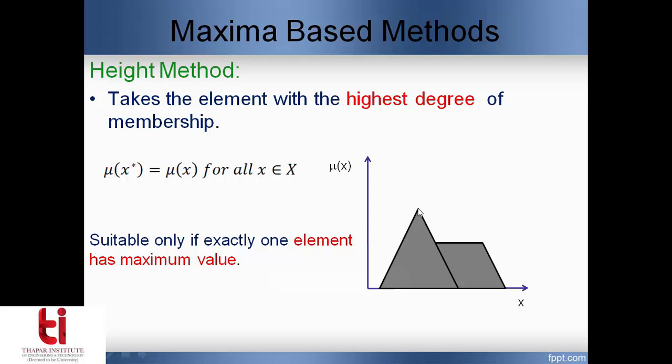Let this maximum membership be H. For H, I will identify the element which has this membership value, that is x star, and x star is going to be my defuzzified crisp output value. So this is quite simple. It doesn't require many computations. But it is not very suitable if the aggregated output is obtained from a large rule base.